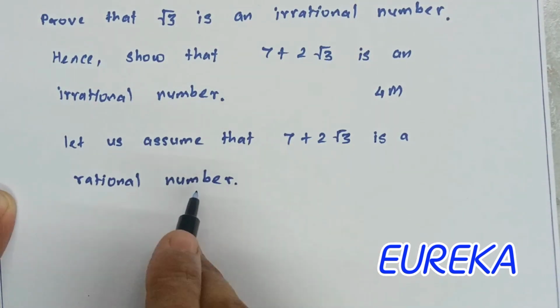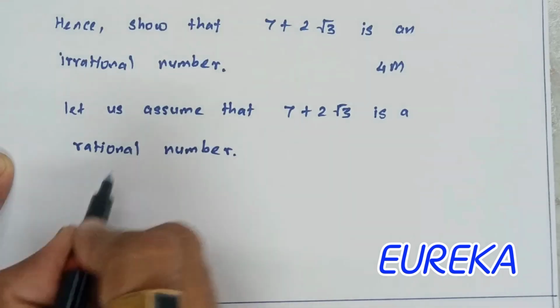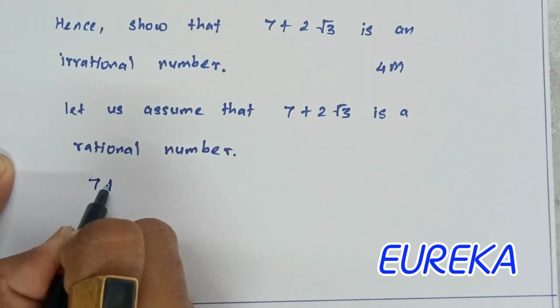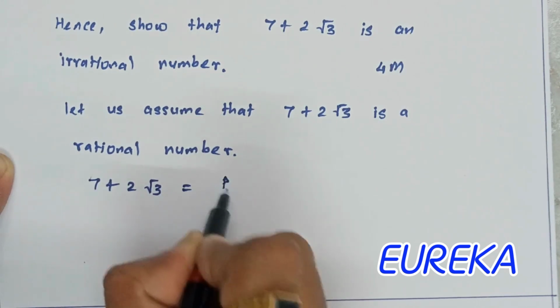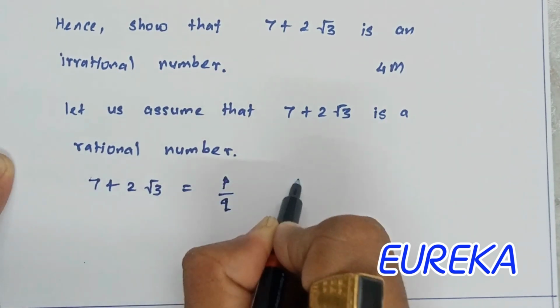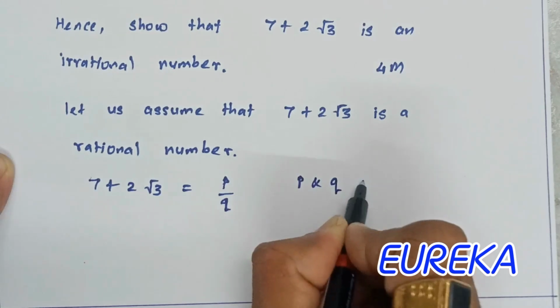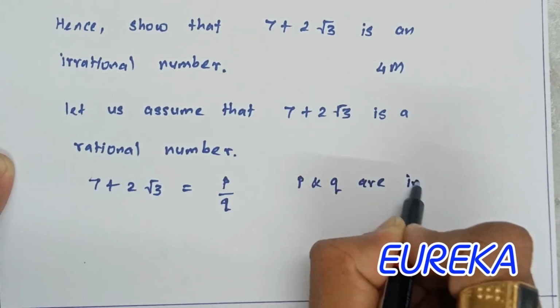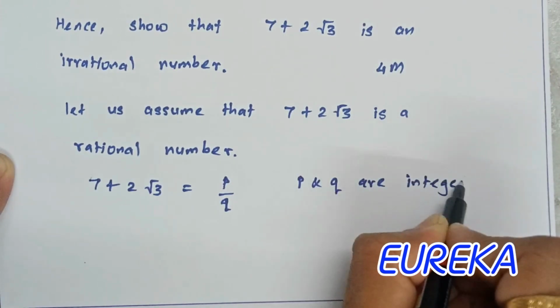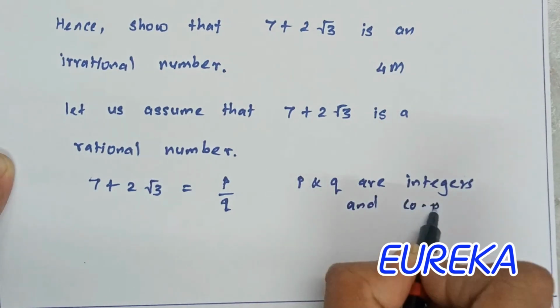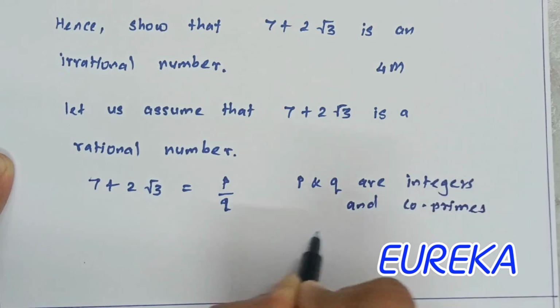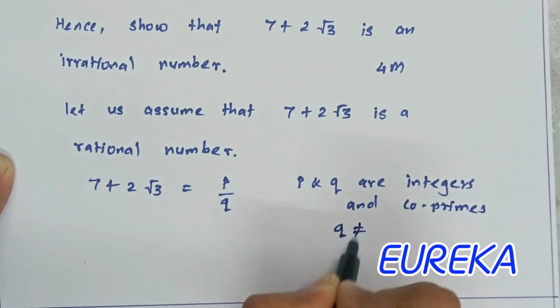As we write this, you know the condition: 7 plus 2 root 3 is of the form p by q, where p and q are integers and co-primes. Also q is not equal to 0.